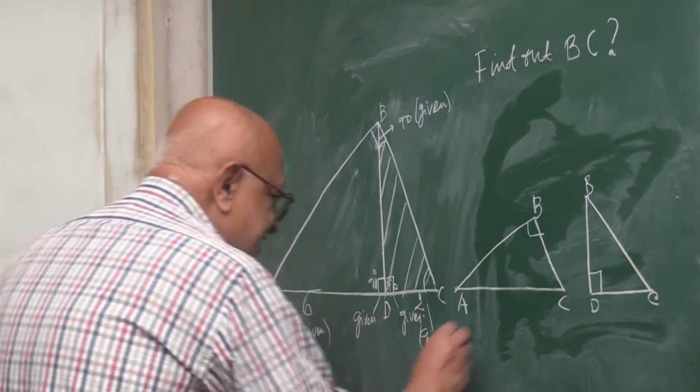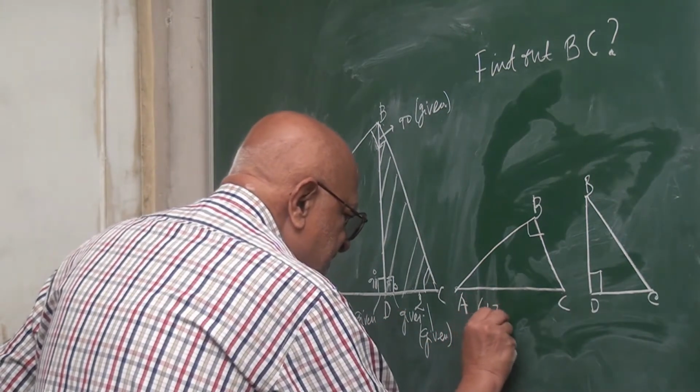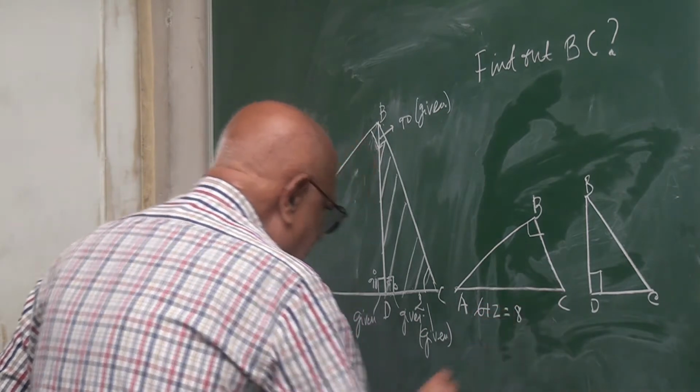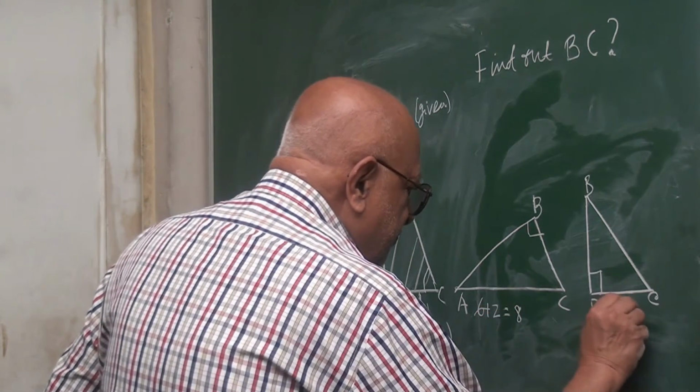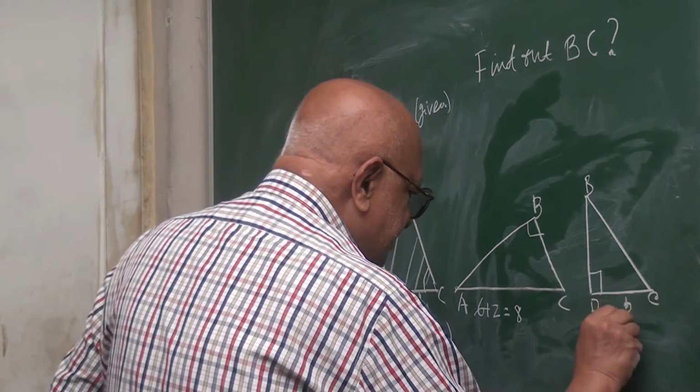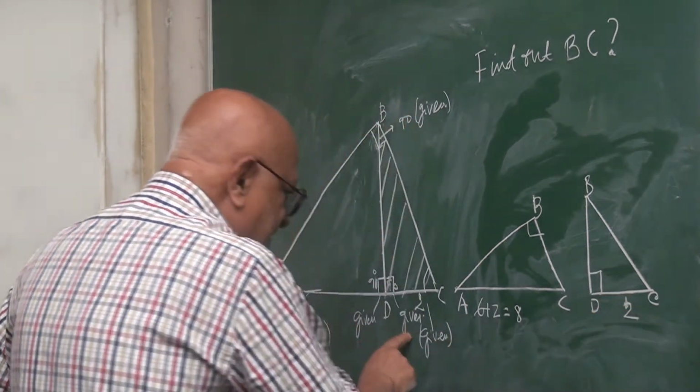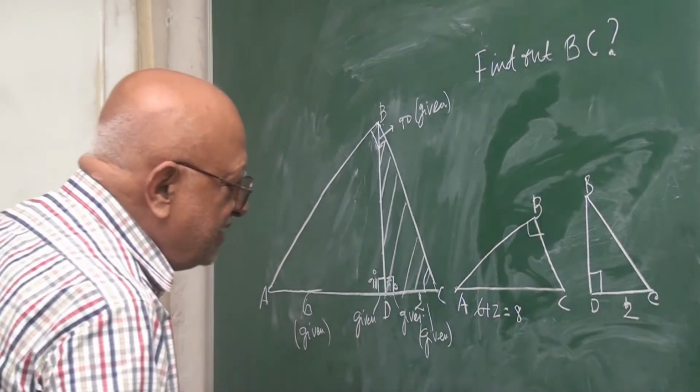What is given? AC will be 6 plus 2, that will be equal to 8. And DC will be 2. These are all given. This 6 plus 2 was given, and we have added up.